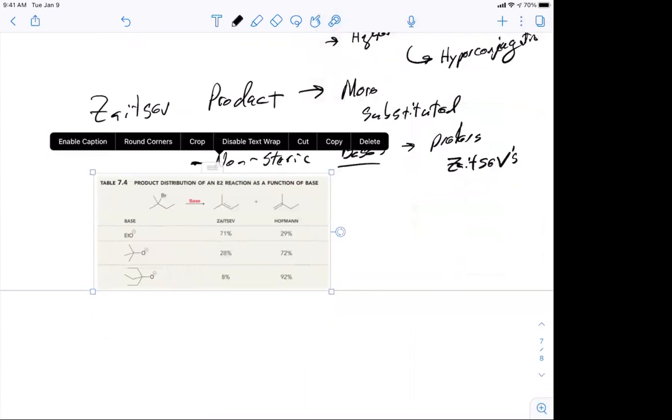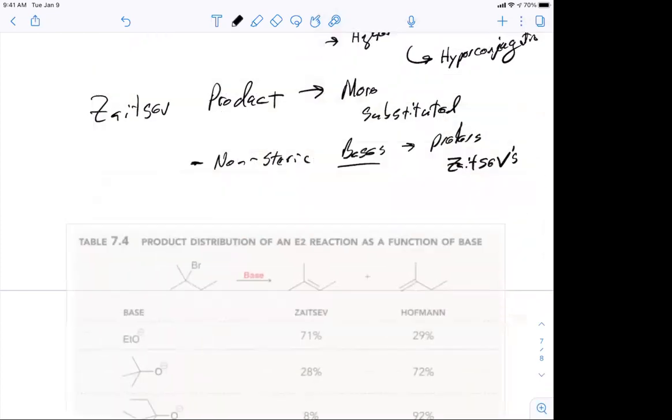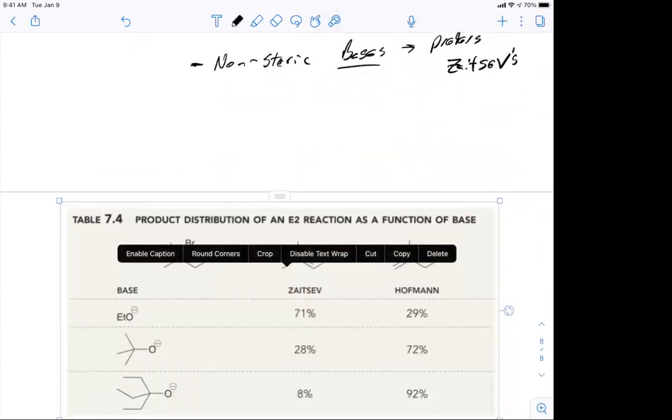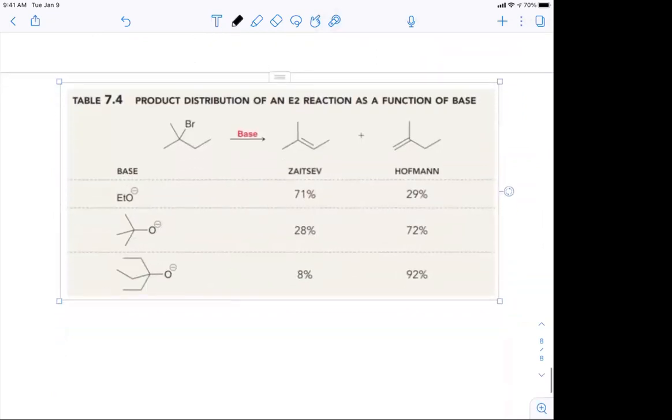Now, what can happen is as we increase the steric nature of our base, we can change the product percentages. So if we're using something like methoxide or ethoxide, we get CHEM3053 products over the Hoffman product. But as we increase the steric nature of our base, we can drive that.